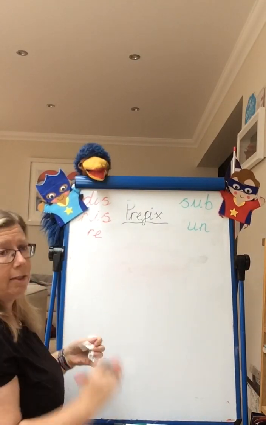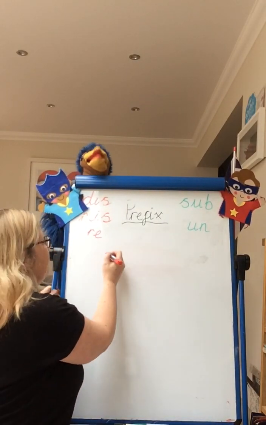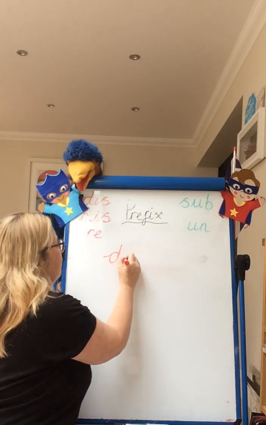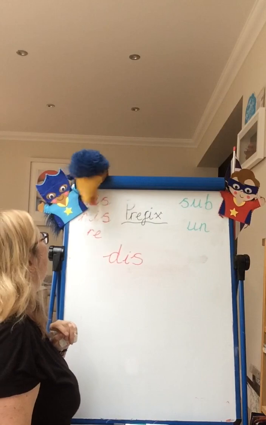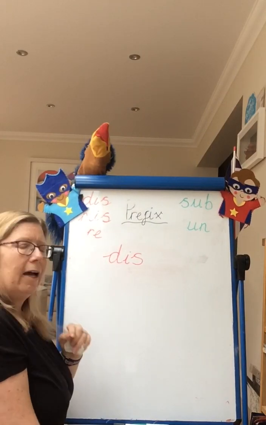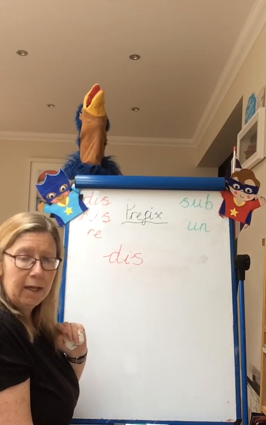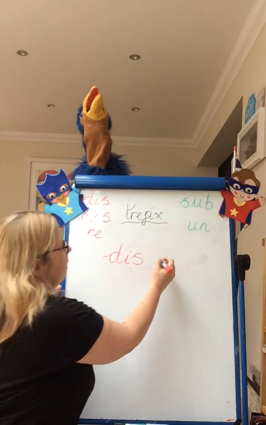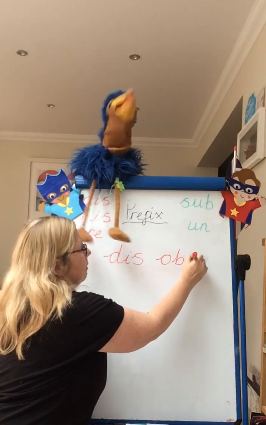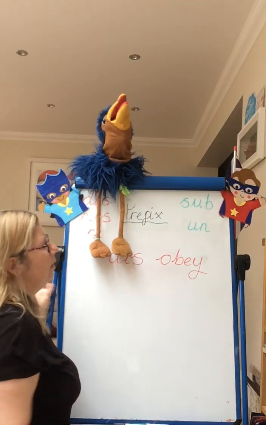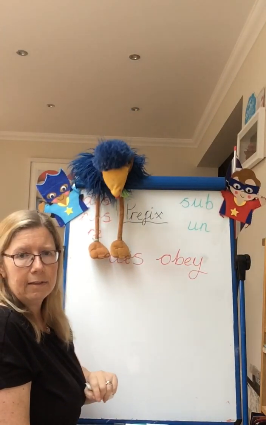Okay, the last one is a bit like miss, it's dis. Okay, and again, another great Emu word. Okay, so we've got misbehave. Okay, and I'm going to write a word here. Can you say this word for me? Okay, so the word is obey.